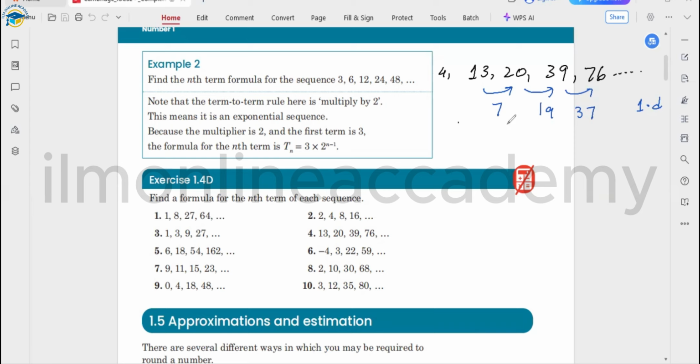Next, we need to go on with the second difference. From 19, we subtract 7, and it will be 12. From 37, we subtract 19, and it comes to 18. So this is your difference 2. And for the third difference, this will be 6. So this will be difference 3.